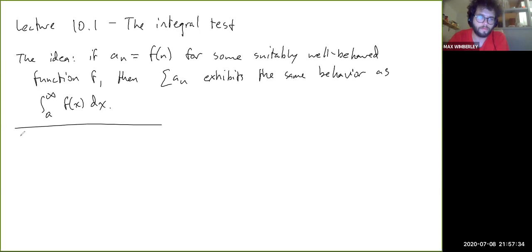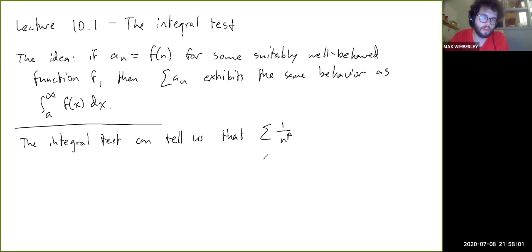One of the biggest motivations for introducing it now is that it is the most straightforward way of showing that the series of 1 over n to the p, from n equals 1 to infinity, converges for p greater than 1 and diverges for p less than or equal to 1.